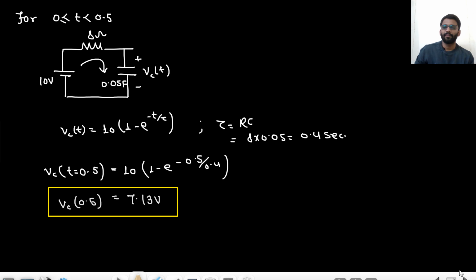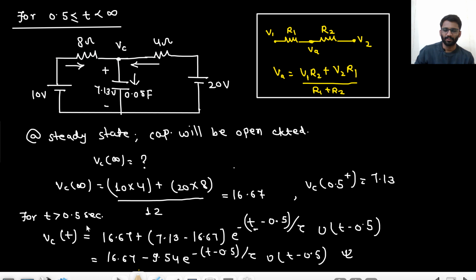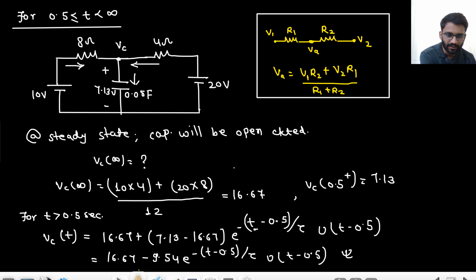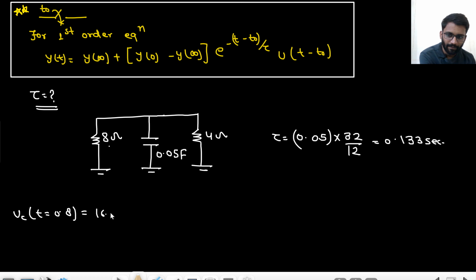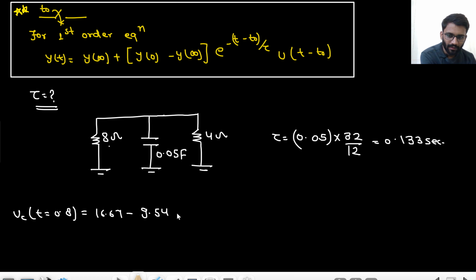So I need to find the Vc value at t equals to 0.8. So Vc at t equals to 0.8. In this equation, 16.67 minus 9.54 e to the power minus (0.8 minus 0.5), since the switch is closed only for 0.3 second, divided by tau.